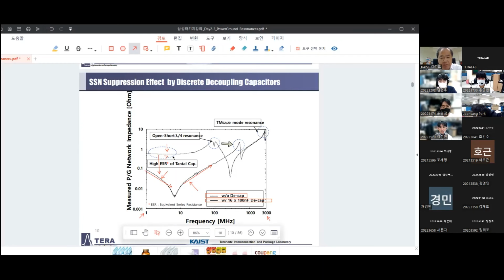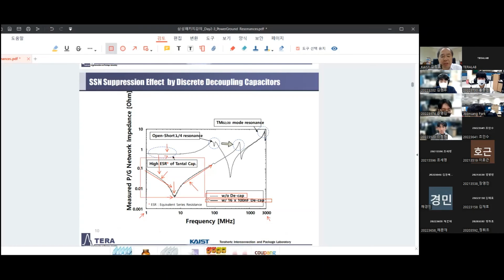This is the inductive curve, and we have self-resonance frequencies. The minimal point could be around the 3 milliohm range, which comes from the resistance of your decoupling capacitors divided by 16.